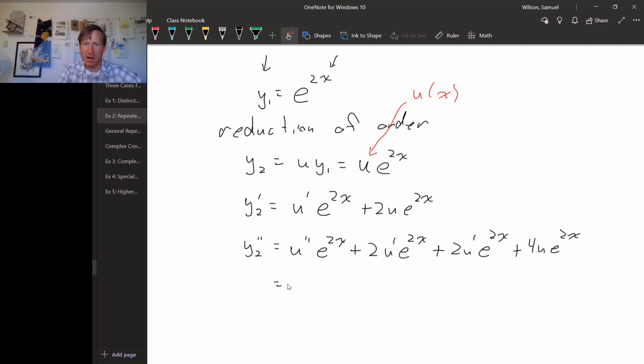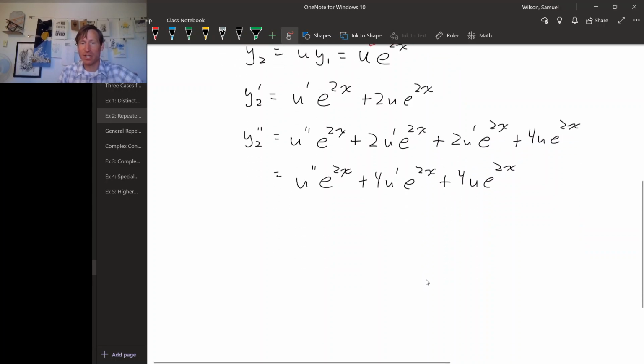Now we can combine the middle two terms: u double prime e to the 2x plus 4u prime e to the 2x plus 4u e to the 2x.